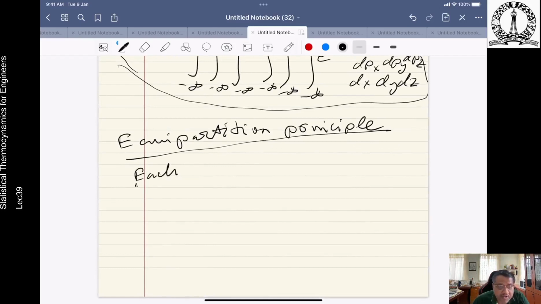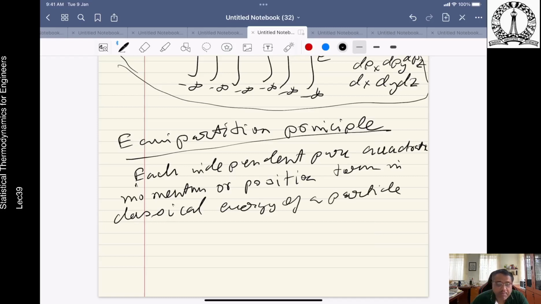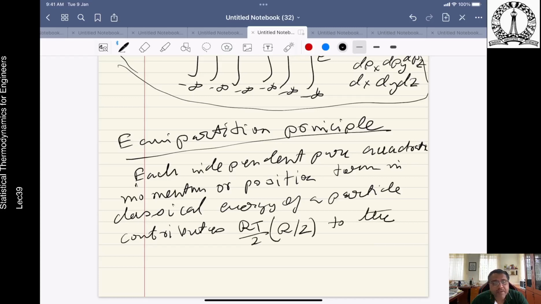So each independent pure quadratic momentum or position term in the classical energy of a particle contributes RT/2 to the thermodynamic internal energy, or heat capacity.